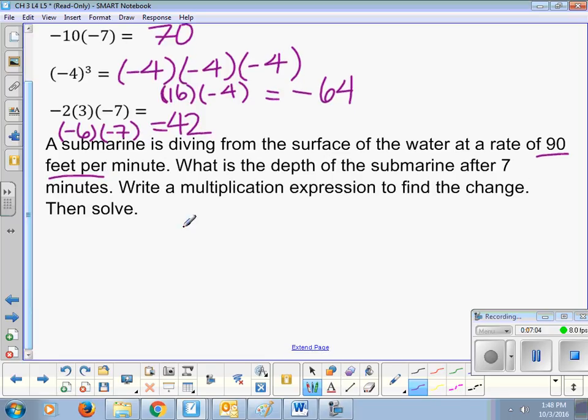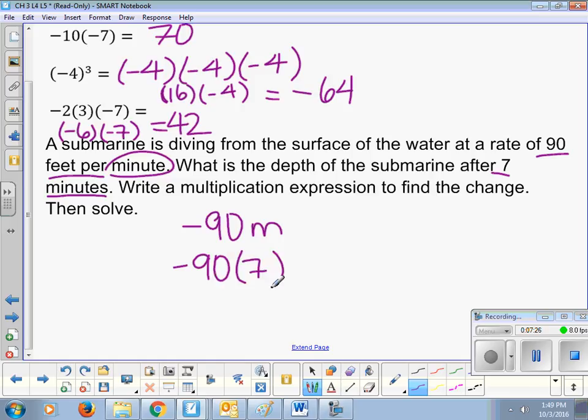Negative 90. It's negative 90 feet per minute, so we can represent that with a variable. If we have 7 minutes, we would have to plug 7 in for what? M. And we would do negative 90 times 7 and multiply the two values.